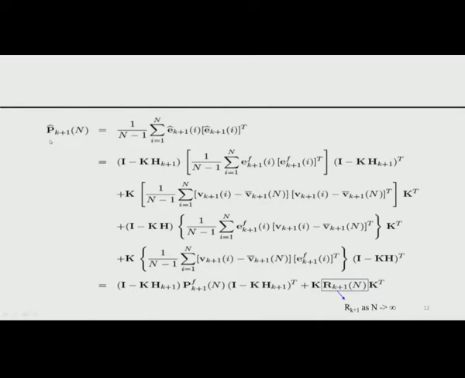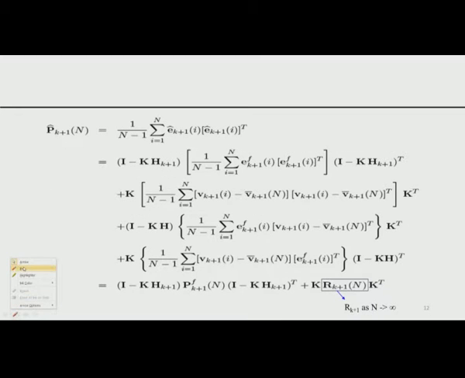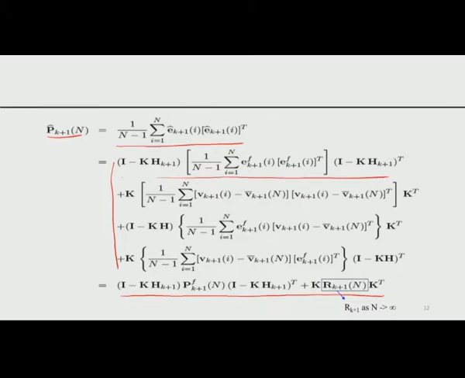Therefore, I am now going to compute the analysis covariance. The analysis covariance is given by this. I am now substituting the expressions for the analysis error for the ith ensemble member, which is given by these expressions, which when simplified will become this, which when simplified will become this.